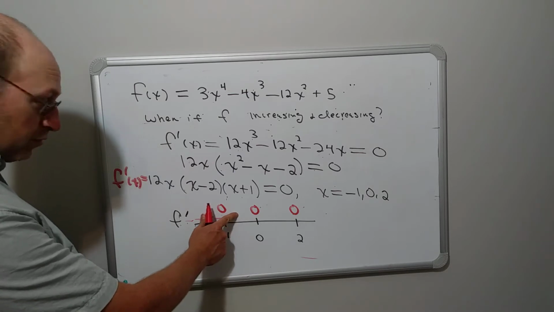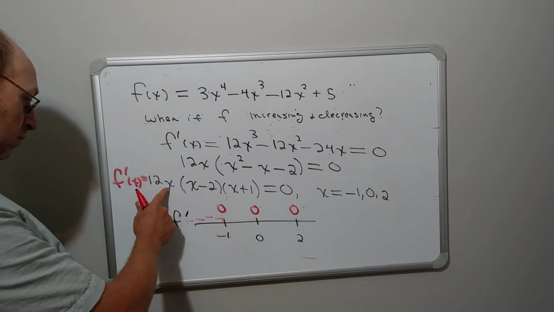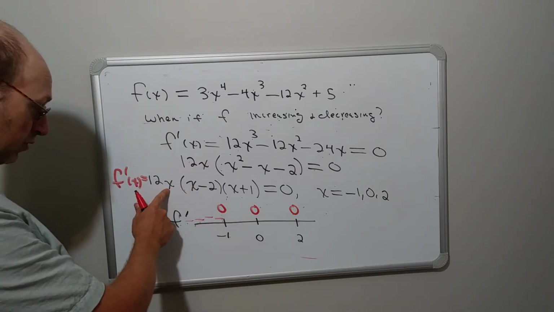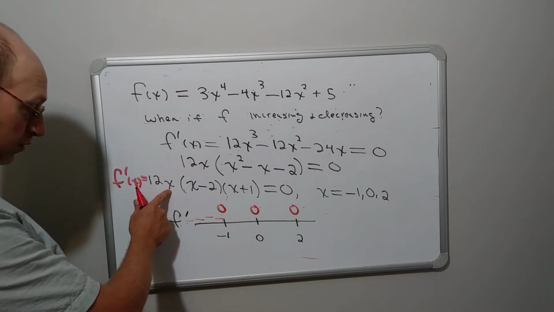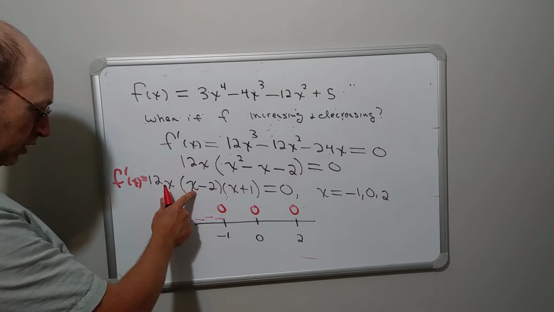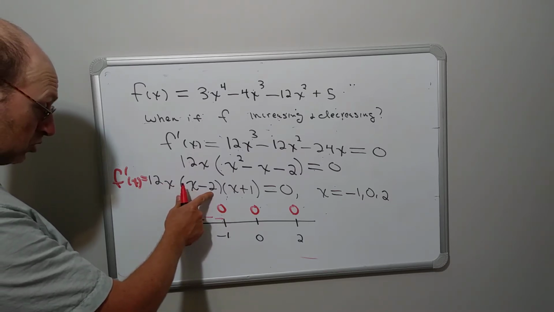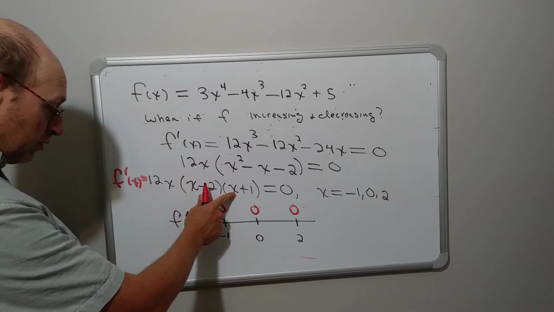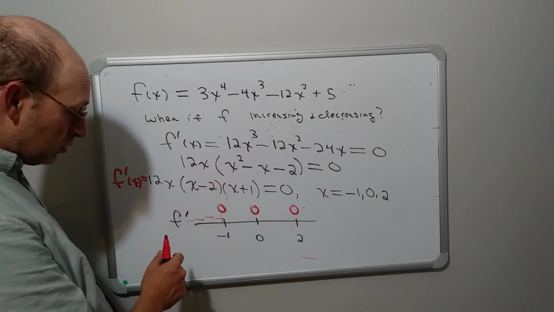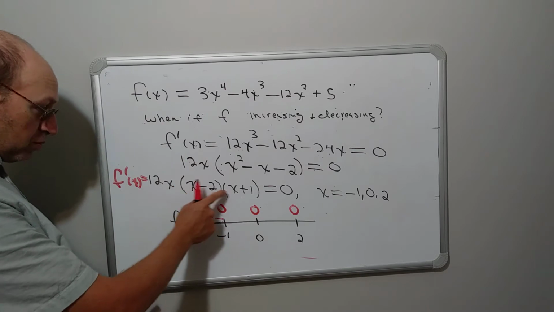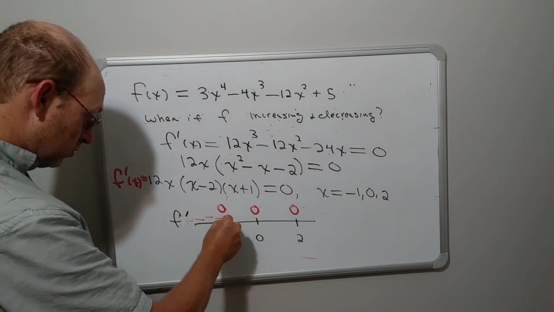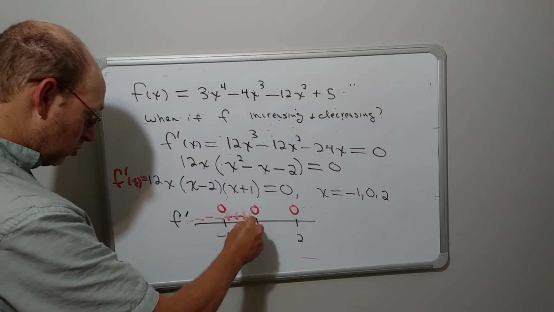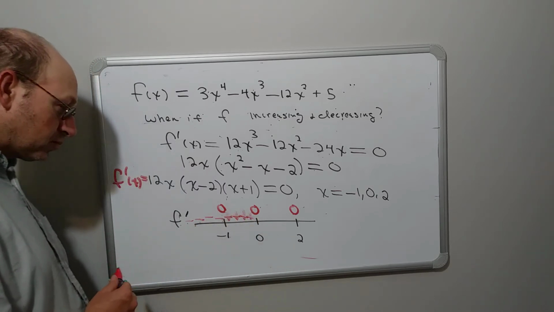How about negative a half? 12 times negative a half would be -6. That's negative. Negative a half minus 2 is negative. Negative a half plus 1 is positive. Negative, negative, positive. That multiplies to a positive. So put plus signs here.